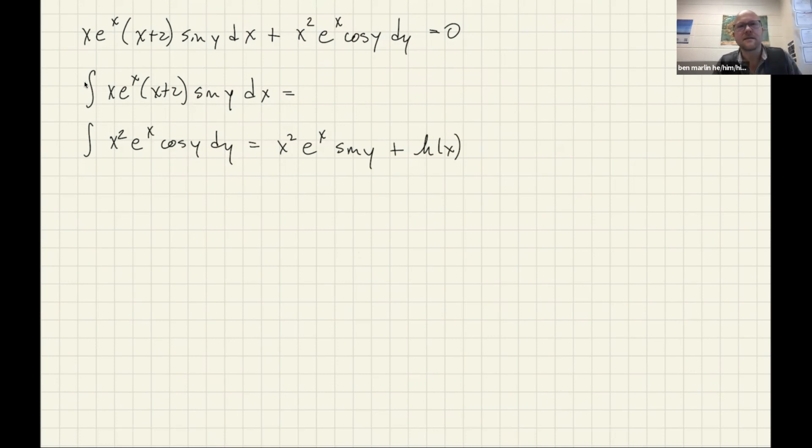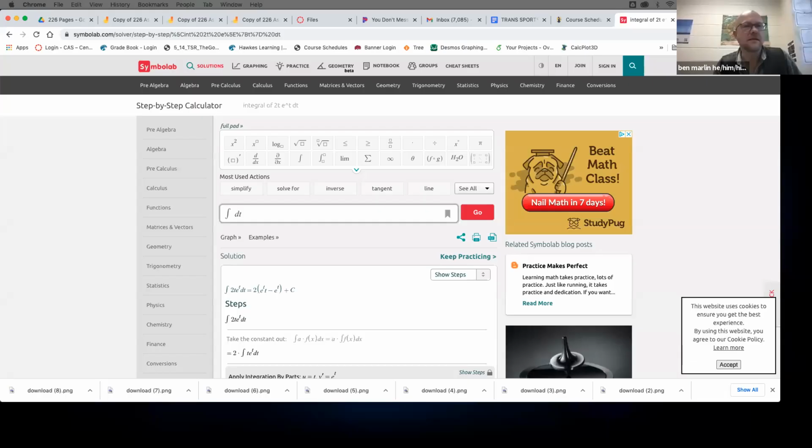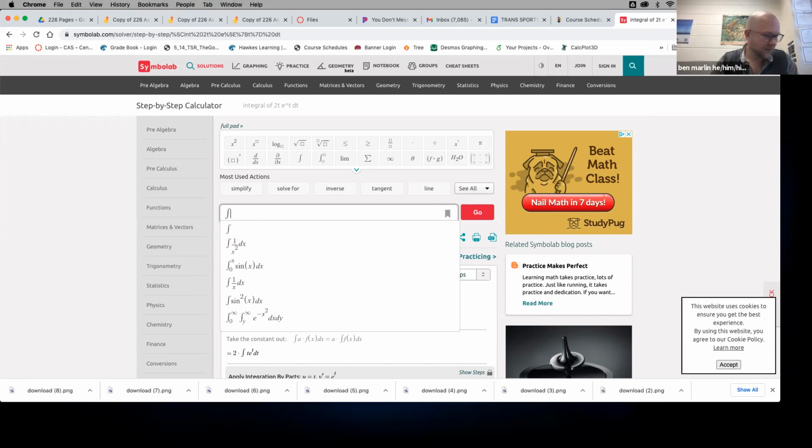I'm going to share screen, and guess what I'm going to use? Our good friend Symbolab is going to help us out with this.